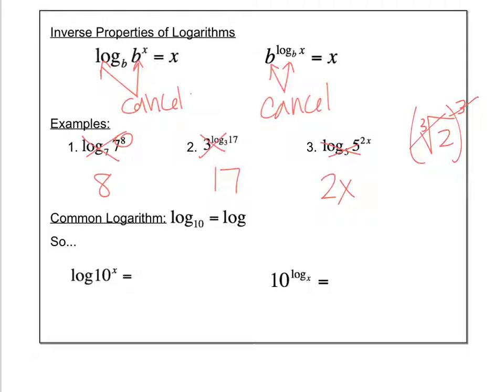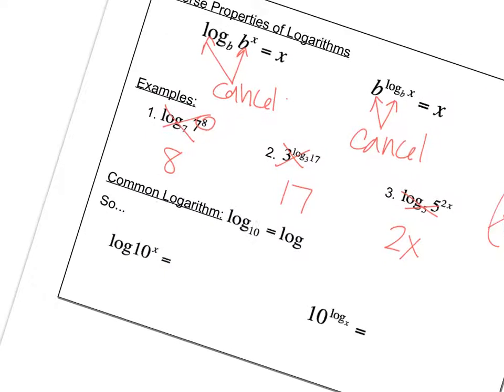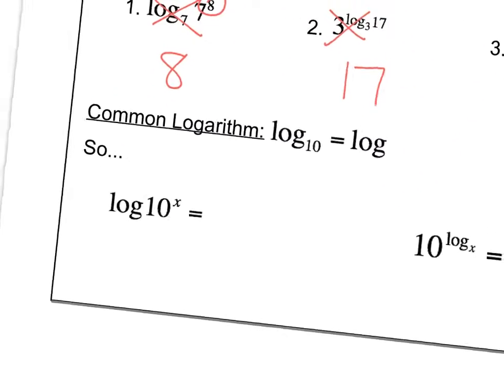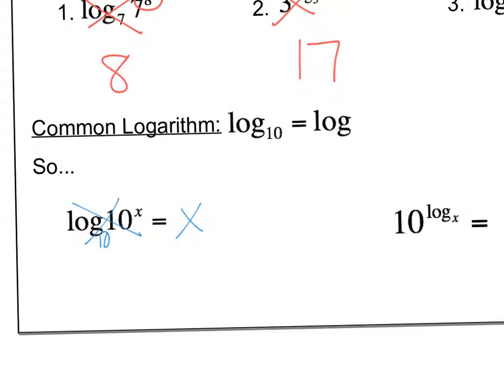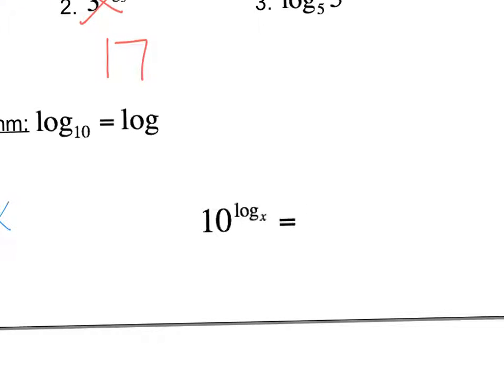If they don't give you a number, it's automatically 10. So when you look at this one right here, you can technically squeeze a little 10 in here. And then what happens with log base 10 and 10? So the answer for this is just x.